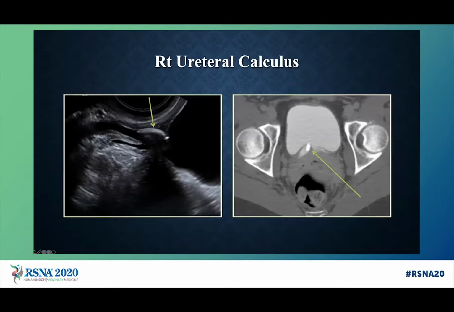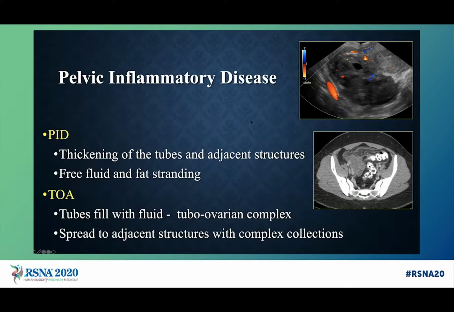Pelvic inflammatory disease is another disease to keep in mind in patients that present with severe pelvic pain. With PID, we look for thickening of the tubes and adjacent structures. This may be associated with free fluid and fat stranding.